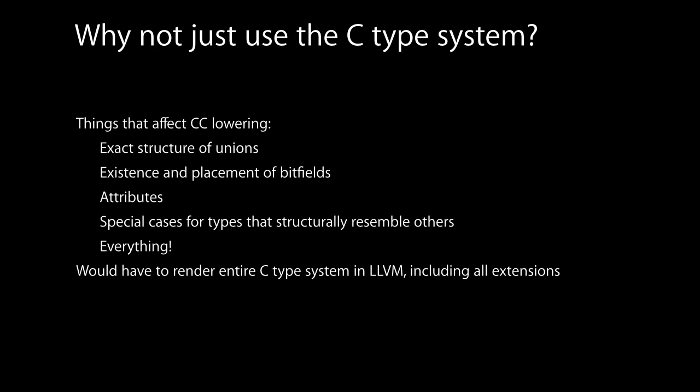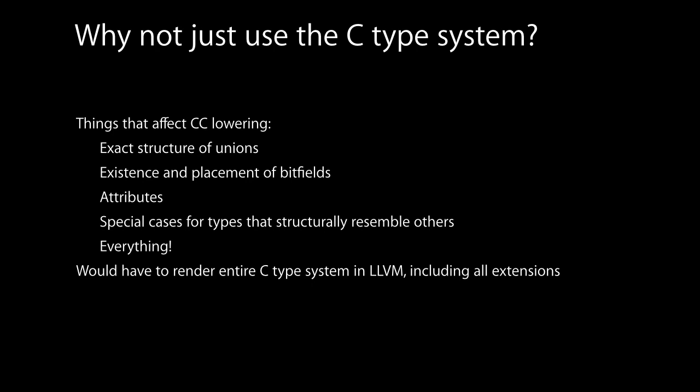But there are so many subtle things in processor-specific ABIs that end up affecting calling convention in very significant ways. The exact structure of a union, which union member comes first, often affects how a union is passed. The existence and placement of bit fields within the structure, and all sorts of attributes that can be layered onto unions and structs.